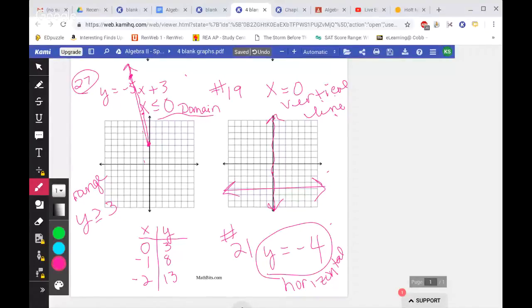Number 23 and 25, you just have to identify which graph goes with that. But yes, 11 through 21, you have to graph, and number 27, you have to graph. So I think 1, 2, 3, 4, 5, 6, 7 graphs you should have in total.